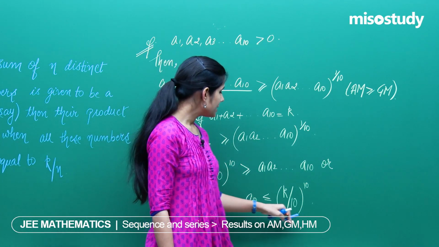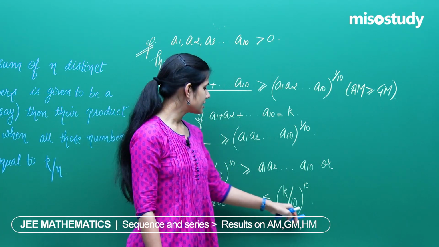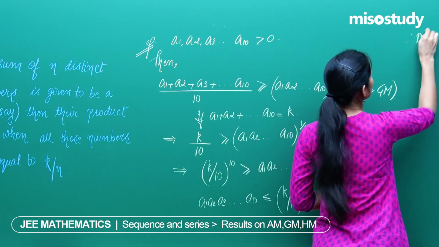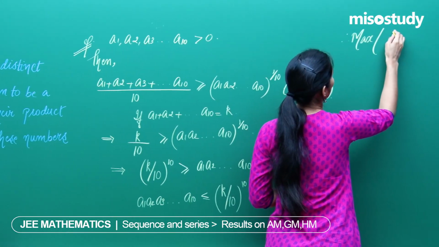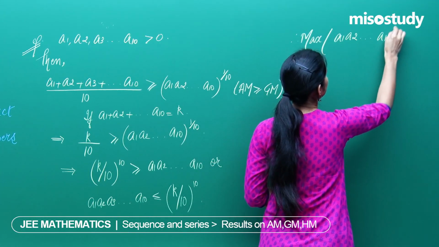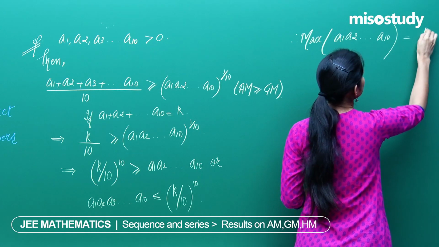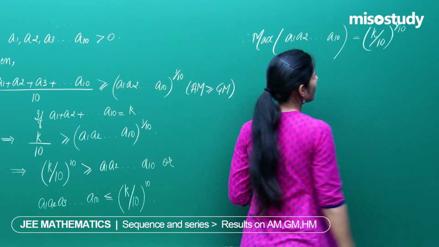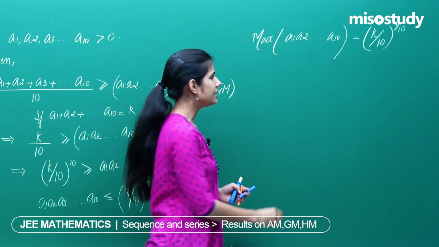That means the maximum value of this product is this particular expression. The maximum value of the product of these 10 distinct positive numbers is this. And when is this maximum value attained?